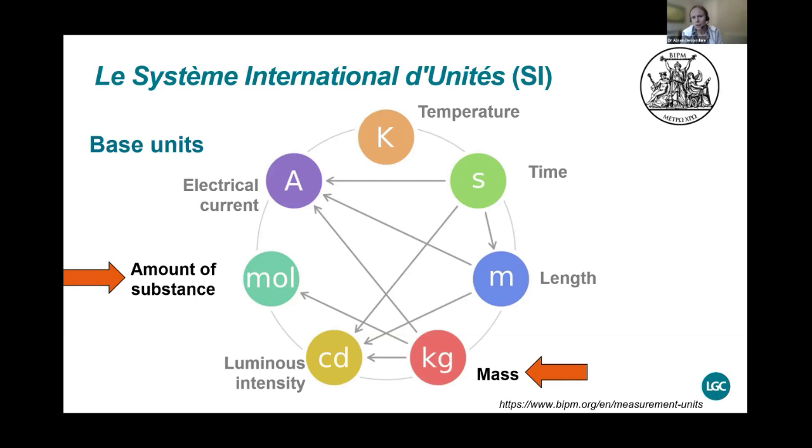And this has been recently revised to include a lot of physical constants underpinning the key SI units to make this a very stable system. And as I mentioned, the amount of substance, the mole, or mass, the kilo, are the key units in the area of certainly clinical chemistry.